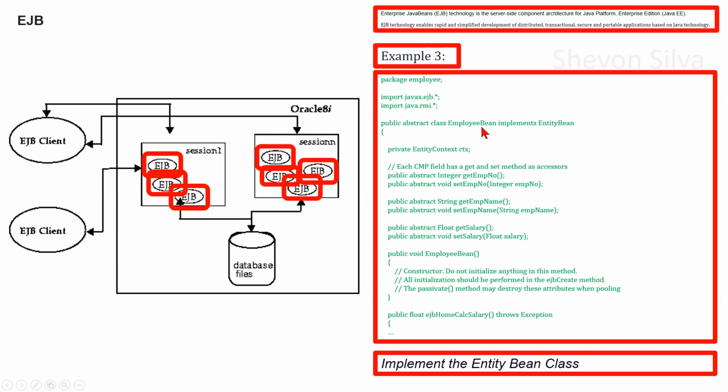The container generates the ejbFindByPrimaryKey and ejbFindAll method implementations, although you must still provide an empty method for each of these.